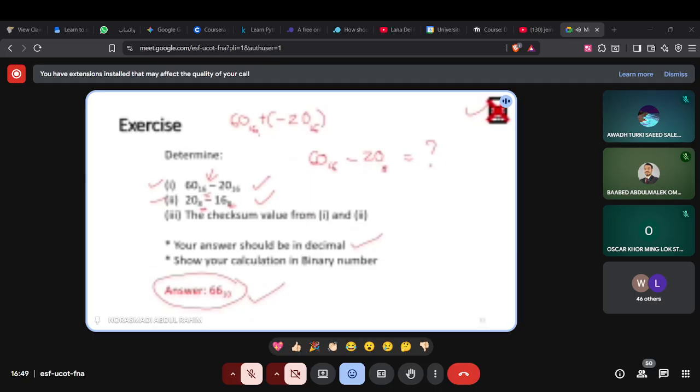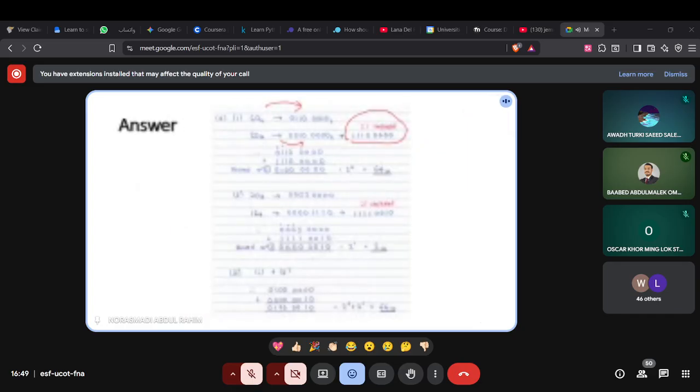The form is the same, so the solution should apply two's complement and the addition method, and you get this one and discard the carry. This is the answer for number one. Number two also, convert to binary, and 16 also convert to binary, but apply two's complement because of the minus. Do the addition, you get 2.